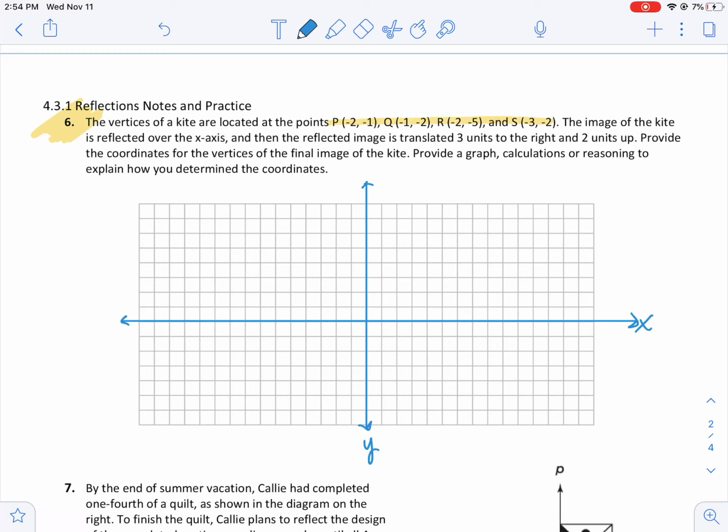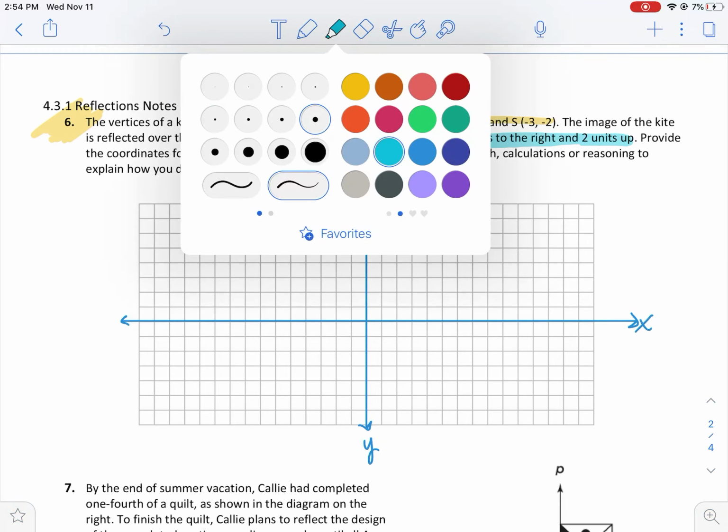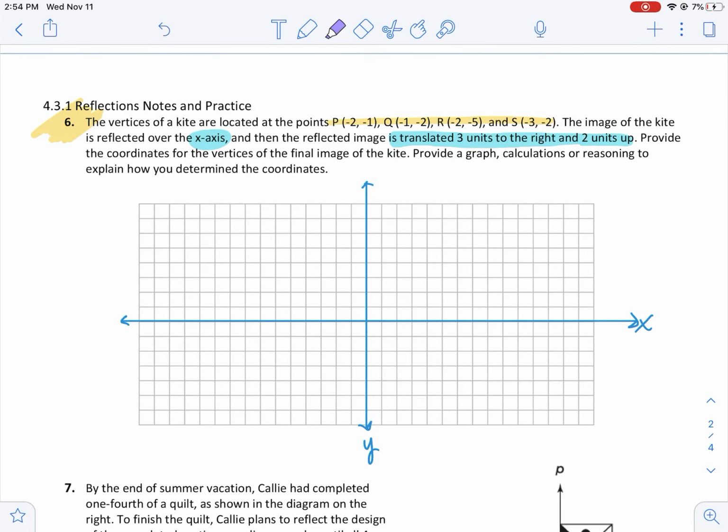Here's our x, here's our y. First task is to reflect them over the x-axis. And then you're going to translate. So we're going to slide 3 units to the right and 2 units up. It asks you to provide the coordinates for the vertices of the final image. Just make sure you're properly labeling your points. Okie dokie.